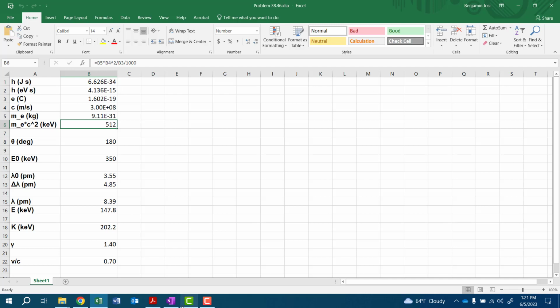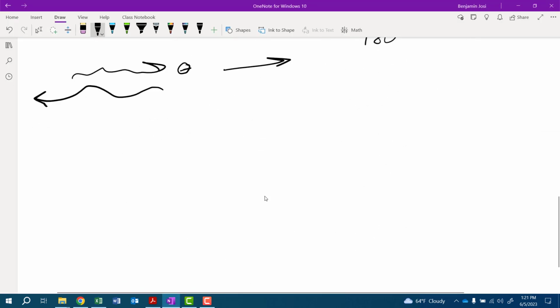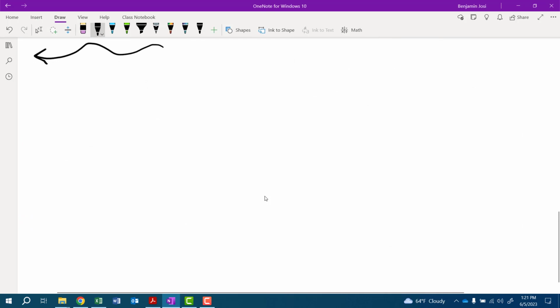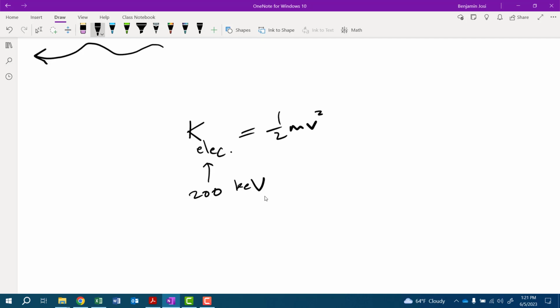So my point is, it's not going to be sufficient to just take that 200 keV and say that the kinetic energy of the electron is 1/2 mv squared. If you plug in the roughly 200 keV, and you plug in the mass of the electron and solve for v, you're going to get an inaccurate number.